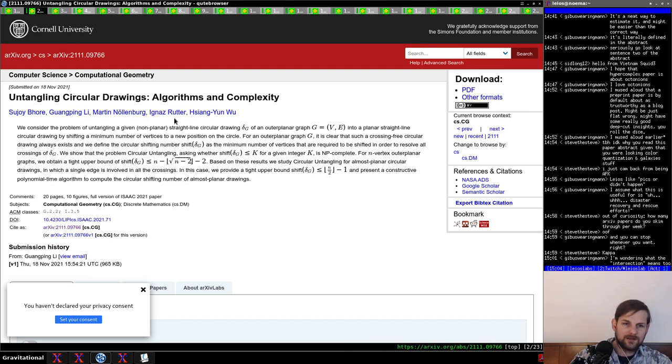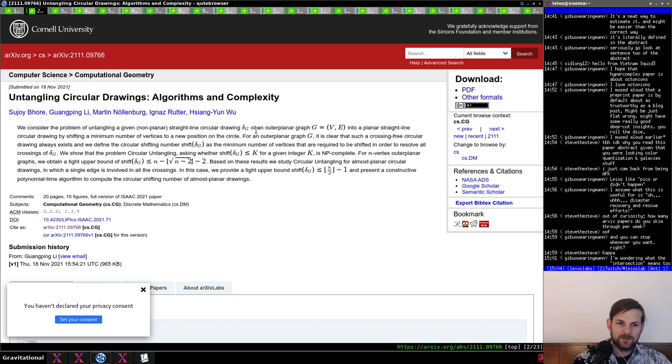We consider the problem of untangling a given non-planar straight line drawing, a circular drawing of an outer planar graph, into a planar straight line circular drawing by shifting a minimum number of vertices to a new position on the circle. For an outer planar graph G, it is clear that such a crossing-free circular drawing always exists, and we define a circular shifting number, shift(G), as the minimum number of vertices that are required to be shifted in order to resolve all crossings.